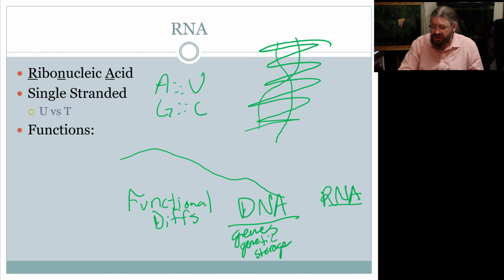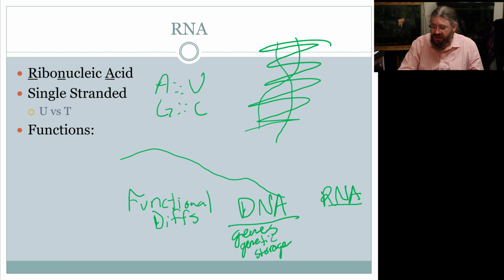There's a type of RNA called messenger RNA. Messenger RNA basically takes instructions for protein from the nucleus to the cellular machinery where protein gets made.